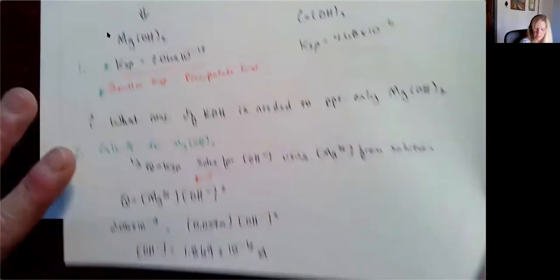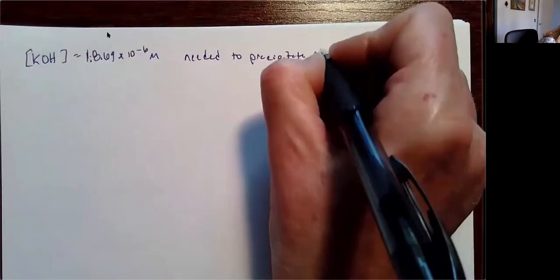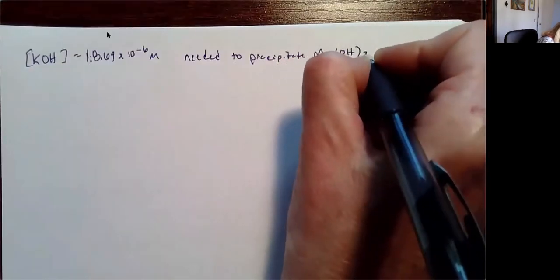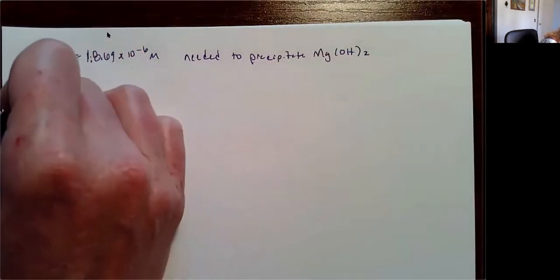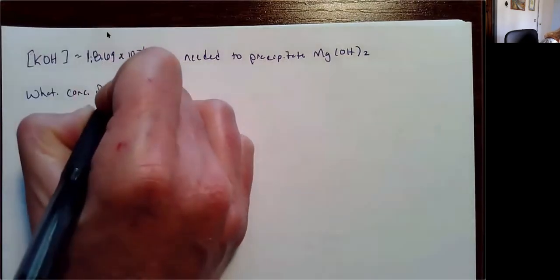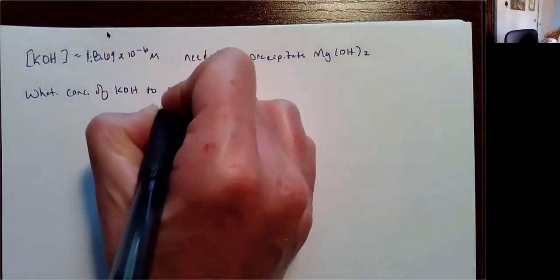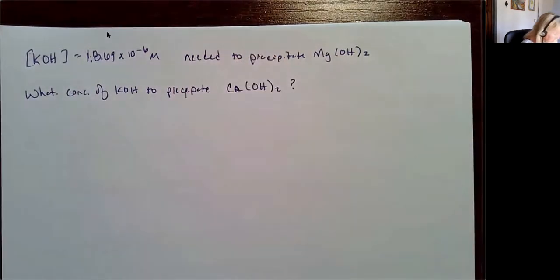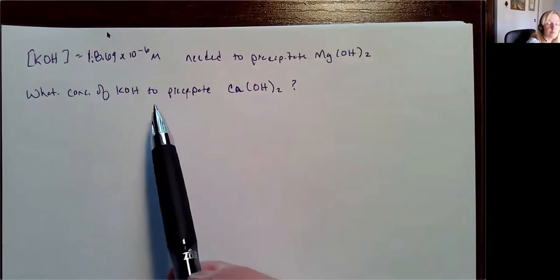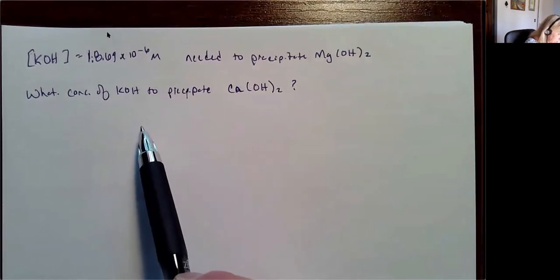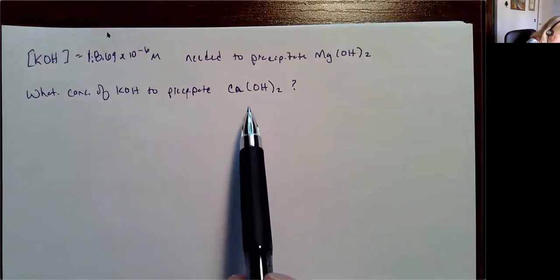I can take this one step further. I know from here that at a KOH concentration equal to 1.869, I precipitate magnesium hydroxide. And let's say I want to know what concentration of KOH to precipitate my other ion. I'm going to do the same thing, only I'm going to use the KSP for calcium hydroxide, not magnesium hydroxide.